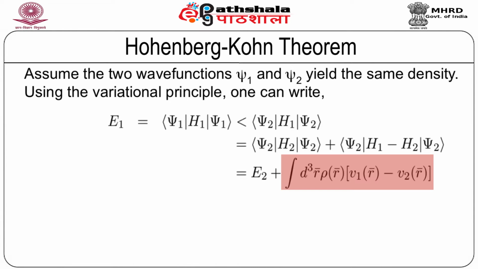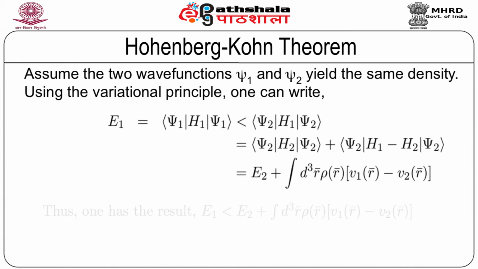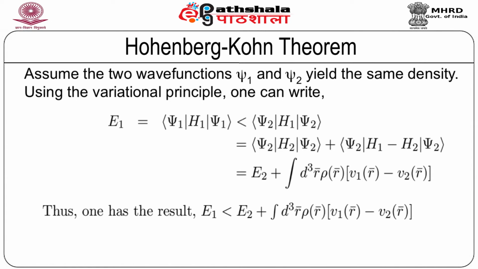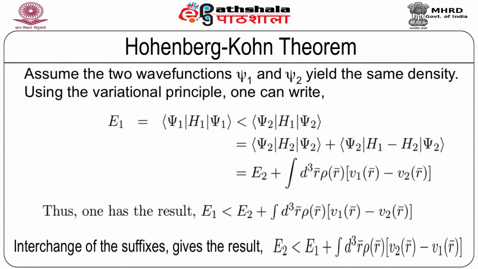Therefore, following the first theorem, the second term is given by integral dr ρ(r) times (V1 minus V2). Thus, one has the result E1 is less than E2 plus integral dr ρ(r) times (V1 minus V2). Now, one can interchange the suffixes 2 and 1.